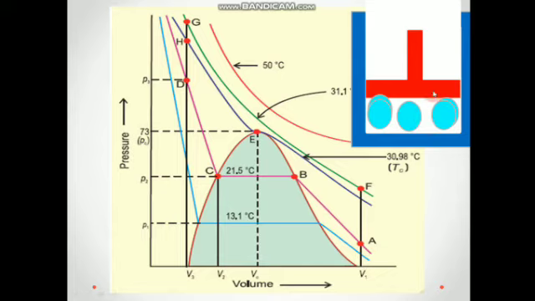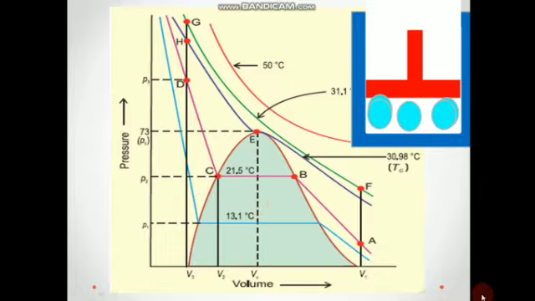Already they are liquefied, so compression is still very difficult. That's why after this point, an increase in pressure will not cause much decrease in volume. So from this point to this point we can see a bigger decrease in volume, but from this point to this point we can see a lesser volume decrease.